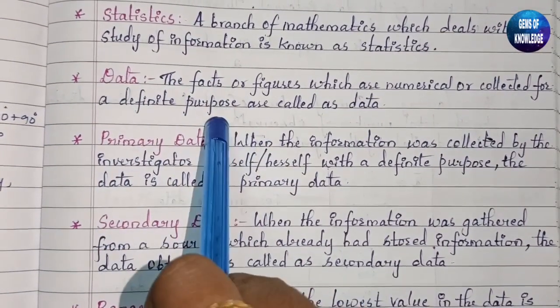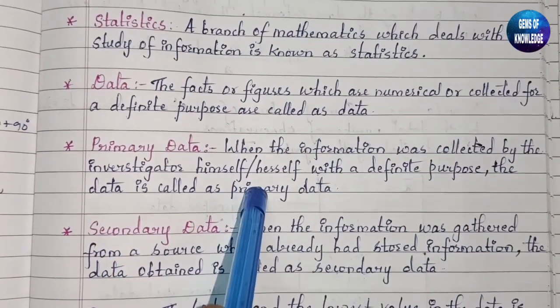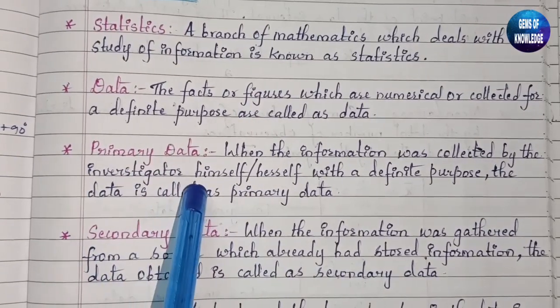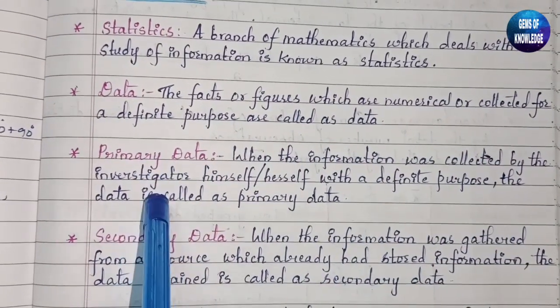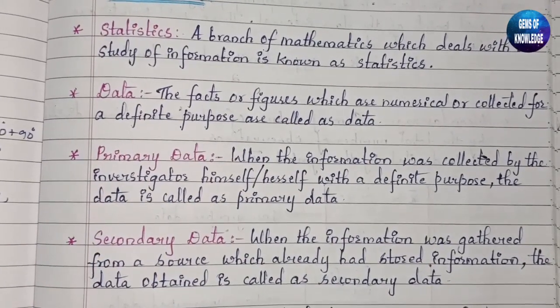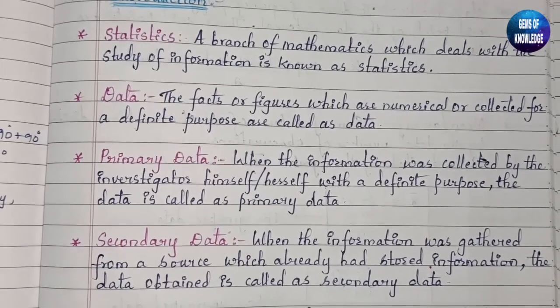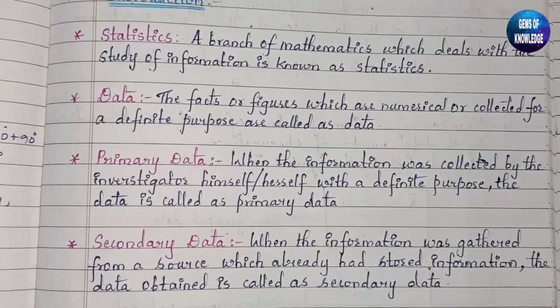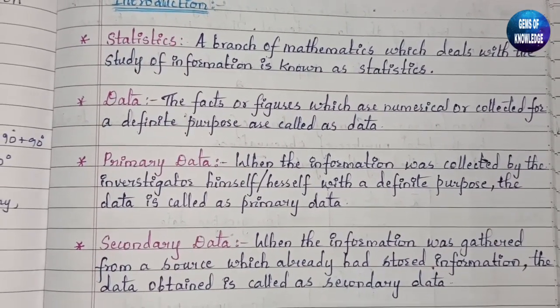Now what is primary data? When the information is collected by the investigator himself. Now you are the investigator who is collecting the primary data. If I tell you to collect the information of the number of students in your school, you go to every class, ask the strength of the class, and then finally total it and you get the total number of students present in your school.